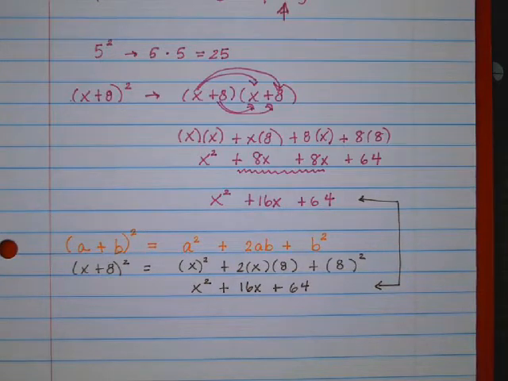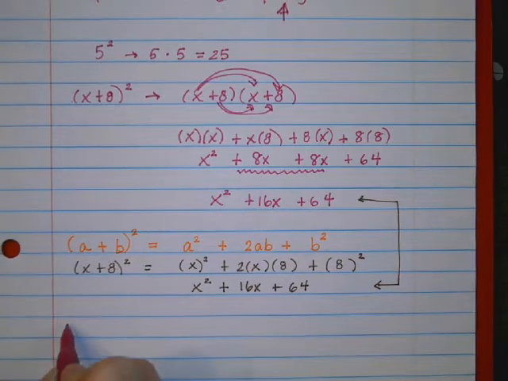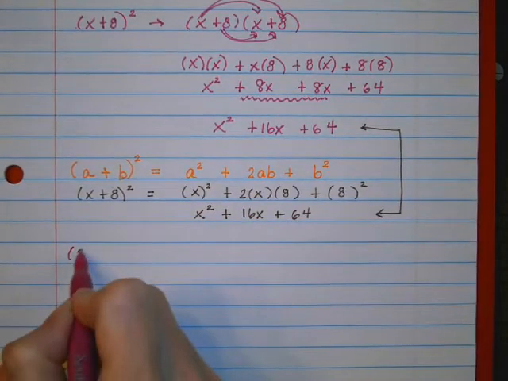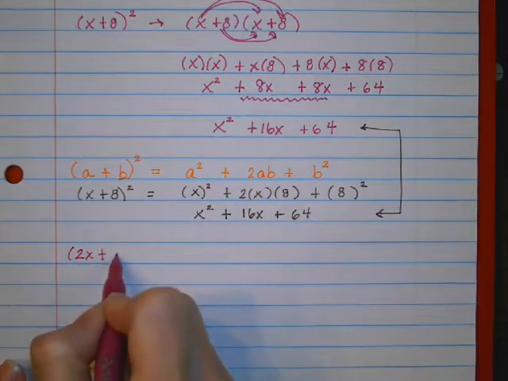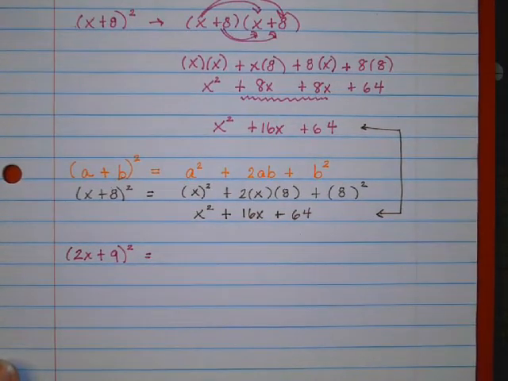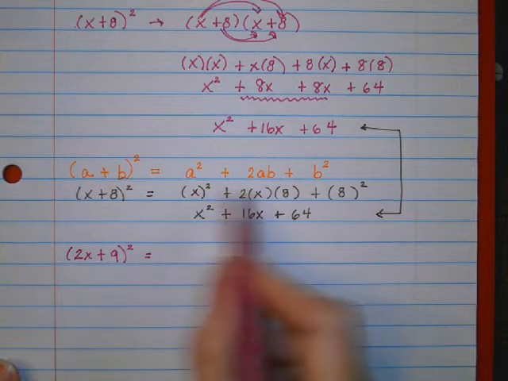So we're going to show you another one of those. We'll do another one, but this time we'll do one where it has a little bit more values to it. So let's do one that has, I'll move this up a little bit, 2x plus 9, and we're going to square it. Alright, so we're going to follow the same rules. We have a's and b's.